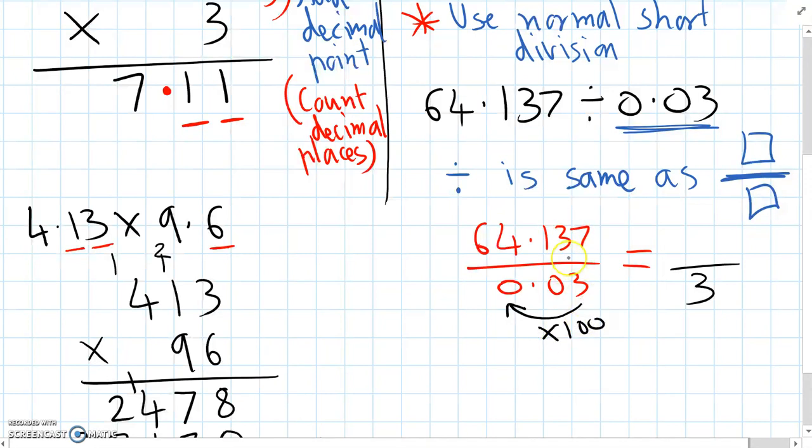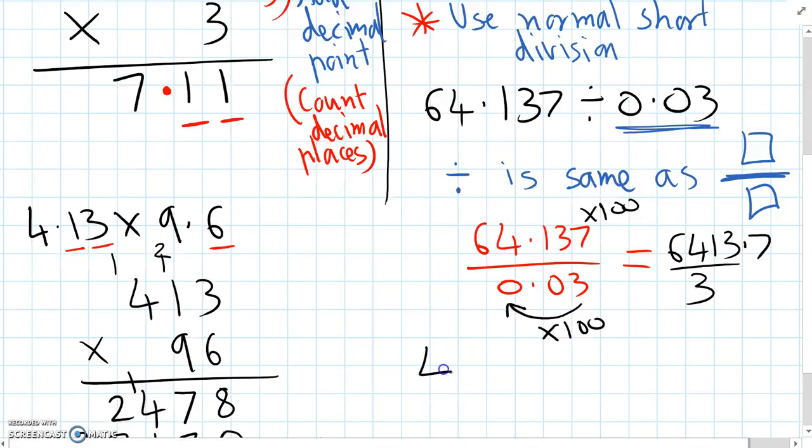And because we have a fraction, what you do to one, you do to the other. So we multiply the top, the numerator, by 100. So we have 3 as the denominator, and we need to multiply the top by 100 to give us 6,413.7.